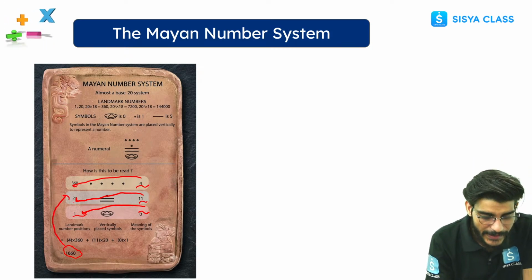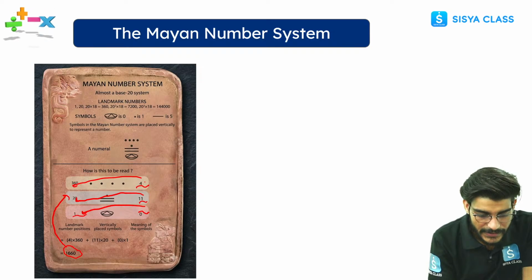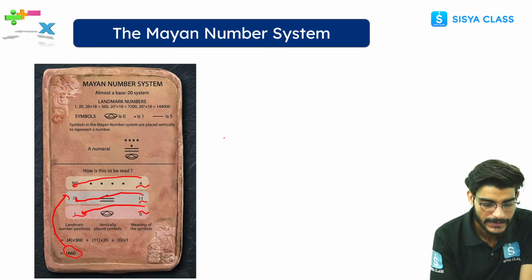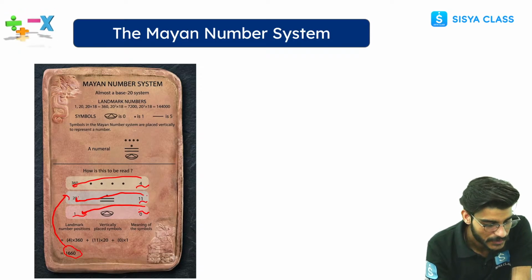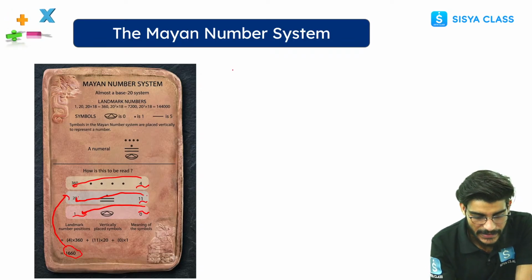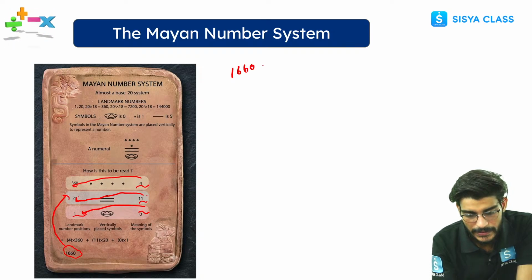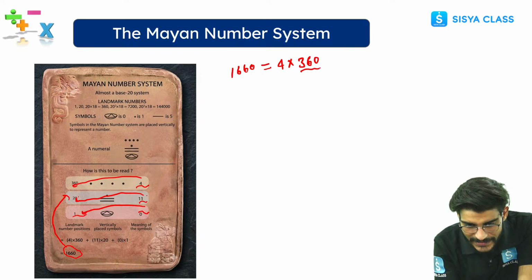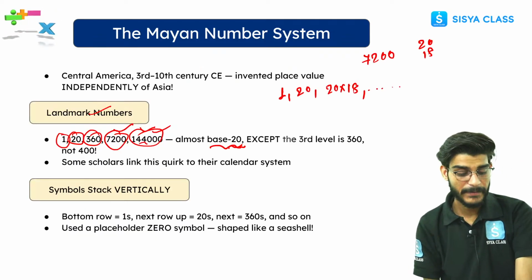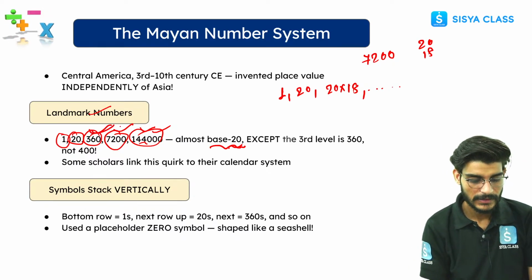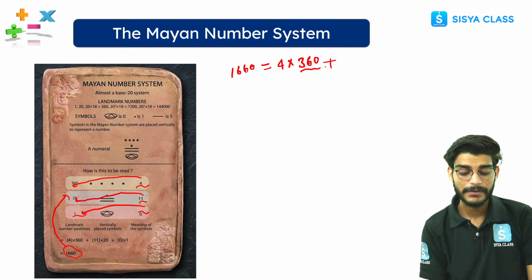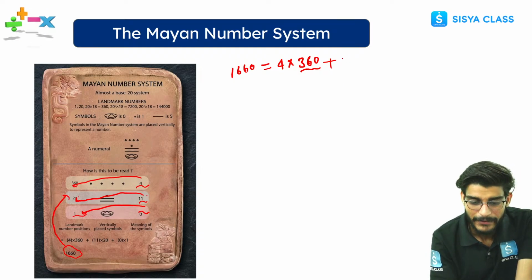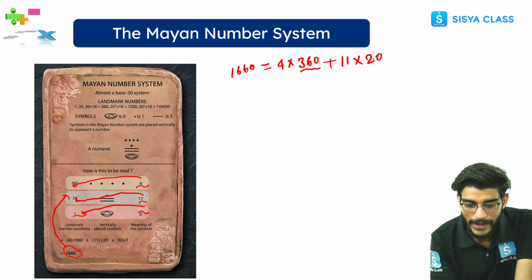1660 can be written as 360, here 4. So 4 into 360, then 20, here 11, 1, then 0. Clear? Basically, it is trying to say 1660 can be written as 4 into 360 plus 11 into 20. Why have I taken 360 here? Because that was the base. So I am trying to convert it, and I will give the symbol for that. Then 11 into 20. Why have I taken 20?